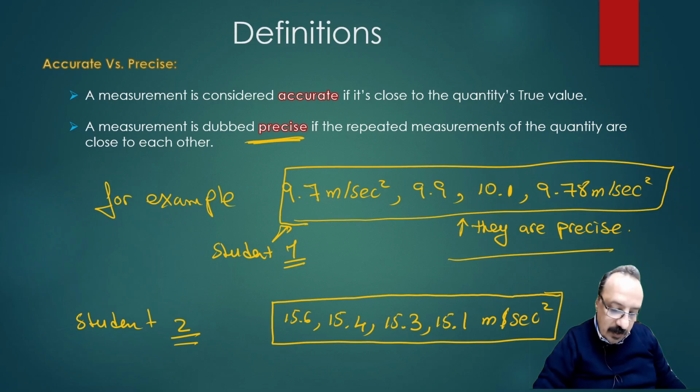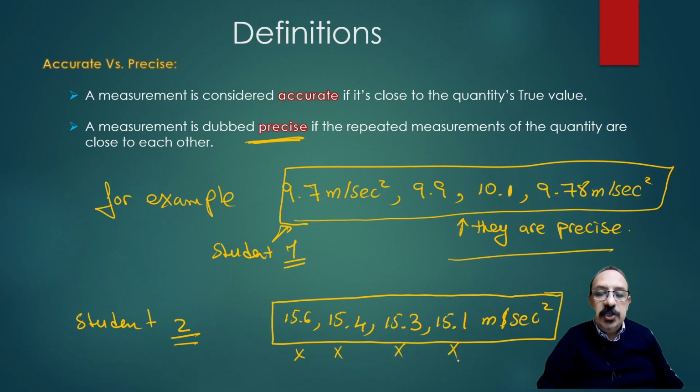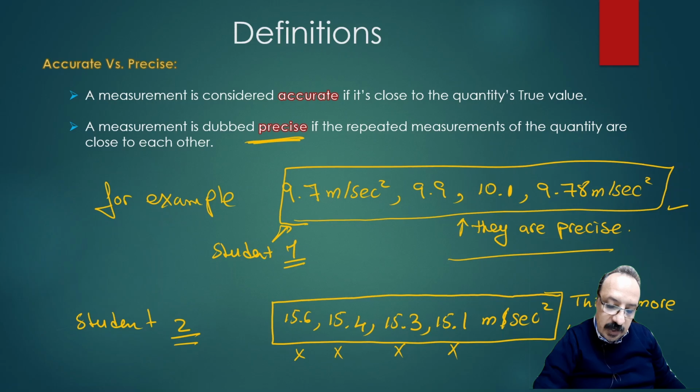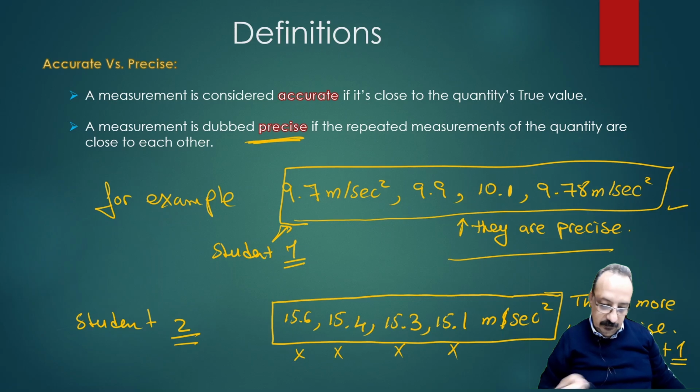It means that the repeated values are close to each other. If we compare this set of values and that set of values, we notice that this is more precise than student 1.